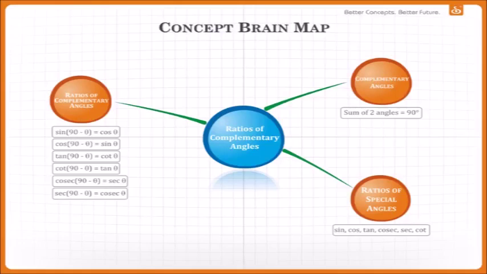Then ratios of complementary angles, we've seen sine 90 minus theta is cos theta, cos 90 minus theta is sine theta, tan 90 minus theta is cot theta, cot 90 minus theta is tan theta, cosec 90 minus theta is sec theta and sec 90 minus theta is cosec theta.